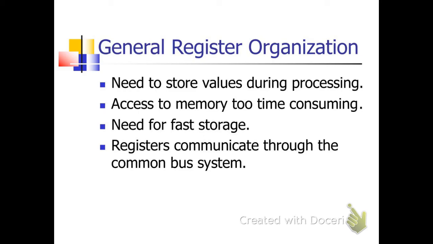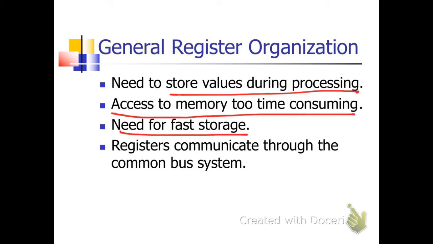So the data is brought and stored in the registers which are close to the CPU. It stores values during processing. And why? Because accessing memory is too time consuming, so there is a need for faster storage. And these registers communicate with each other and with the ALU through something known as the common bus.